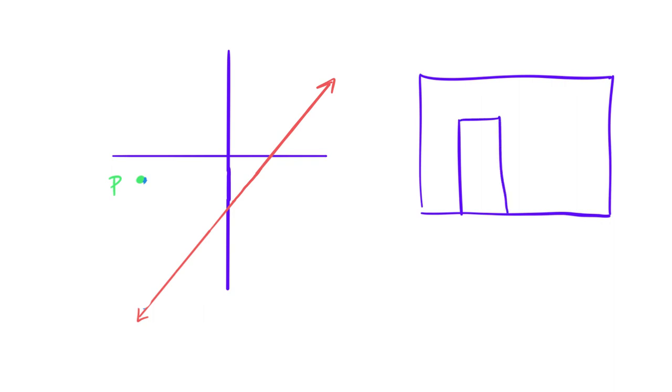I happen to be standing somewhere over here. If I asked you, how far am I, a point, from the wall? Then we could take my position and we could measure it a number of different ways. Maybe we measure it over to this corner.